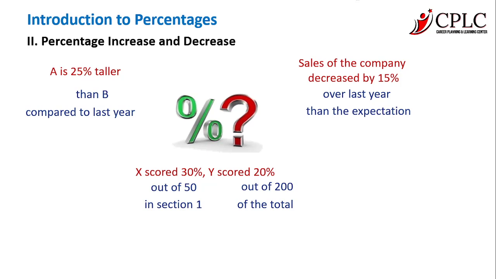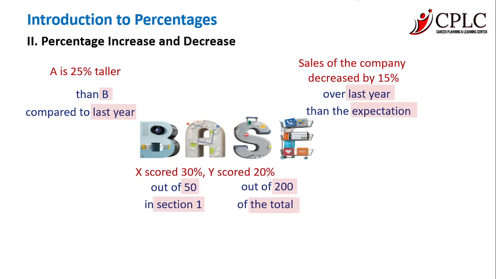So b becomes the base value. Then it says x scored 30% out of 50. So obviously 50 becomes the base value, and so on. What you also need to remember is that with whichever value the comparison happens, that value is always called the base of the percentage.